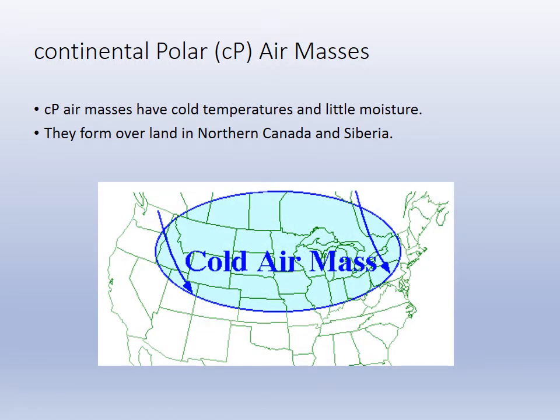So the cold air mass generally forms in northern Canada. You can see that it is moved by our westerlies.